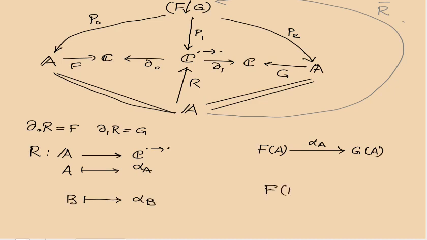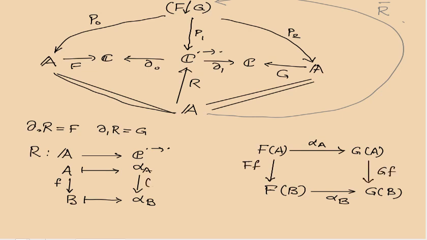So a morphism f will go to a pair. And what is that pair? The domain of it I know is F of f and the codomain of it is G of f. And this diagram commutes.